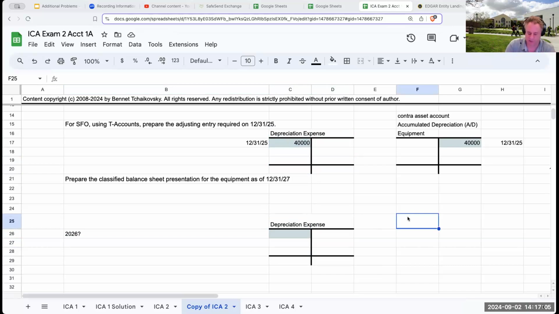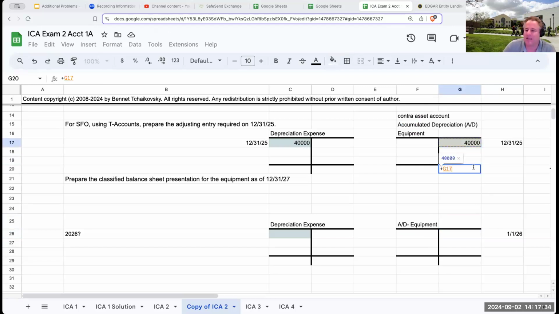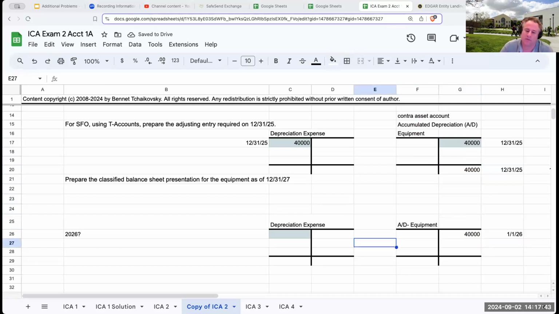Now, for 2026, I basically have the same two accounts, because I'm always recording depreciation expense using the same account. So we're going to have accumulated depreciation on equipment. Accumulated depreciation on equipment as of 1/1/26 had a balance, because I recorded the depreciation expense in the first year. This is not closed out. My ending balance of accumulated depreciation is going to become my beginning balance for the following period.